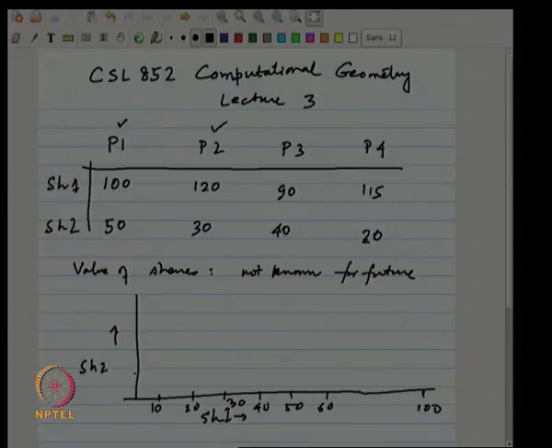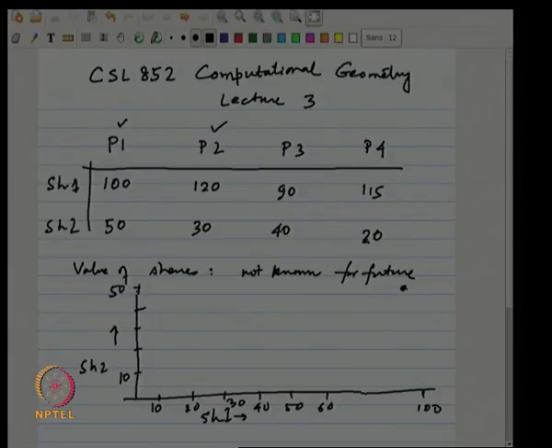And here we have 1, 2, 3, 4, 5, let us say up to 50. Right. So, I can actually plot this. Person 1 has 100 shares of type 1 and 50 of type 2. So, person P1 is a point here.